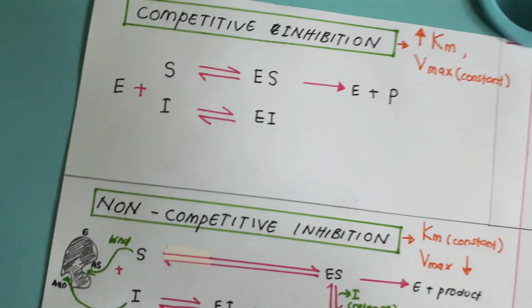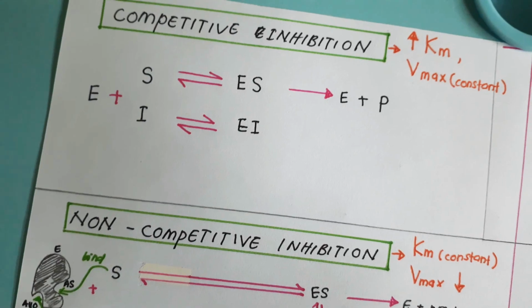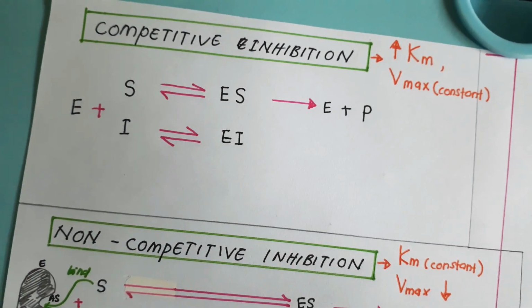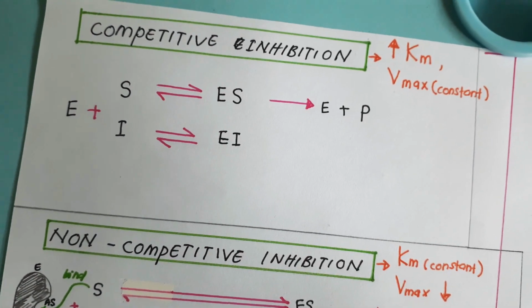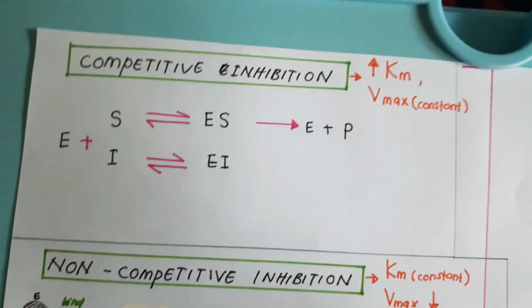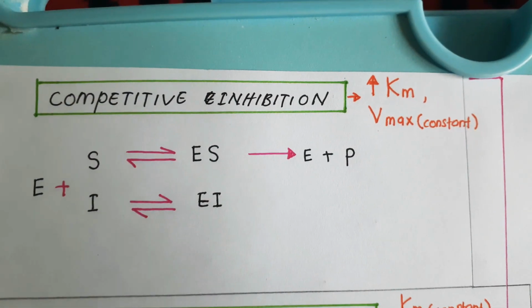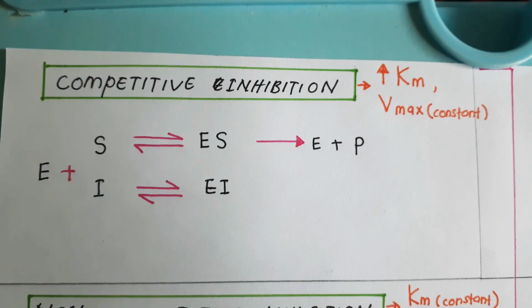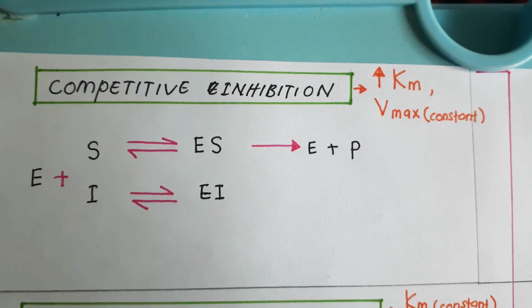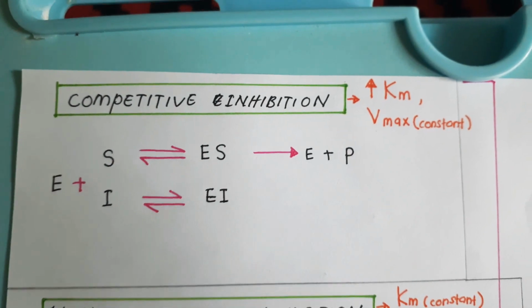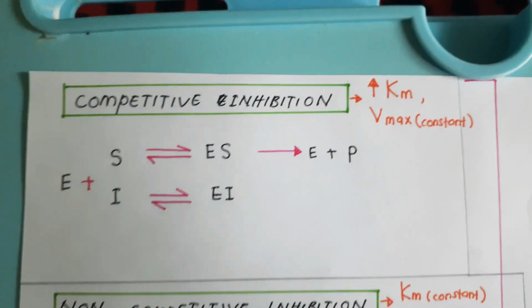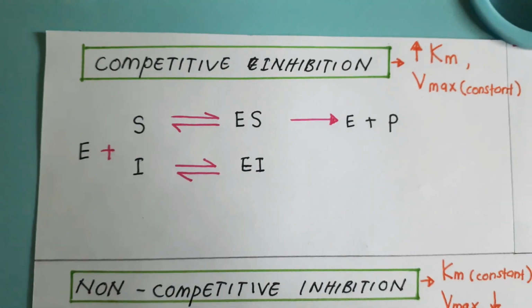For competitive inhibition, substrate and inhibitor compete to bind at the active site of the enzyme. For competitive inhibition, Km increases but Vmax is constant.